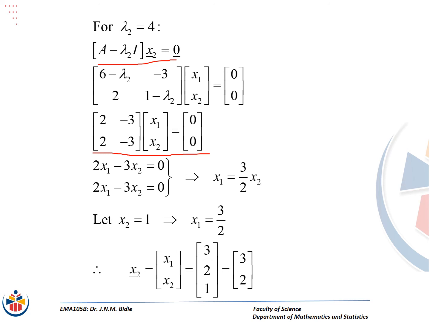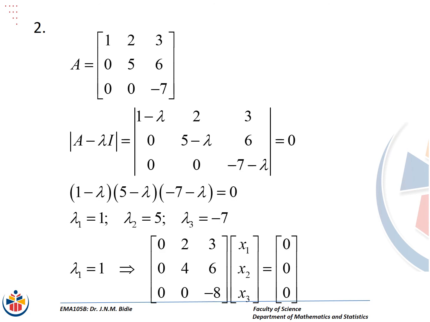And then simultaneously I got x1 is equal to 3 over 2 x2. So simplifying the whole thing, I let again x2 be equal to 1, and therefore my x1 will be equal to 3 over 2. Therefore, in place of x1, I've got 3 over 2. In place of x2, I've got 1. To eliminate the fraction in my eigenvectors, I just multiplied by 2 both terms so that we get 3 and 2.